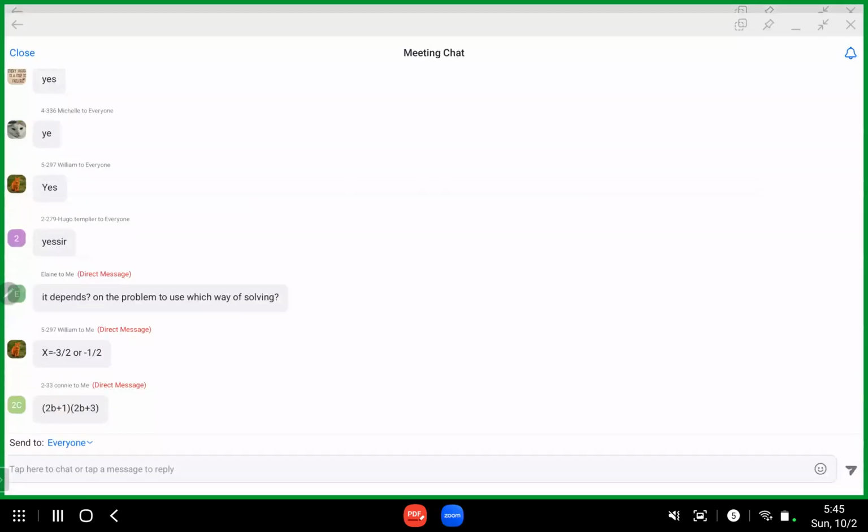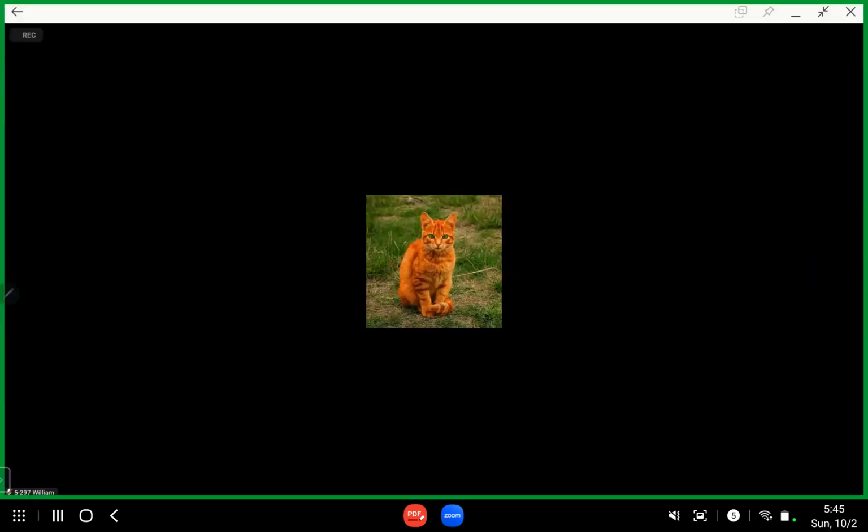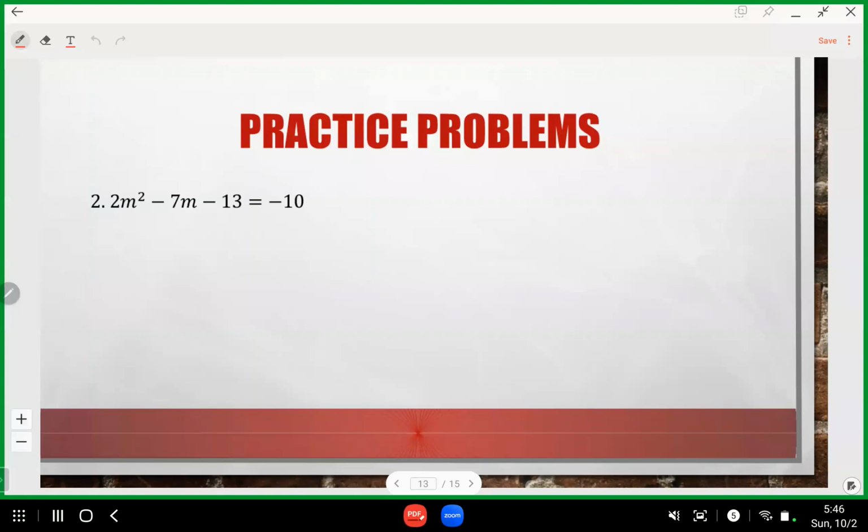All right, let's try to solve this one. So we have some answers. Of course we have to move this to the other side first. Then our answer is going to be negative b, so 7 plus minus the square root of 49 plus 24, I think.